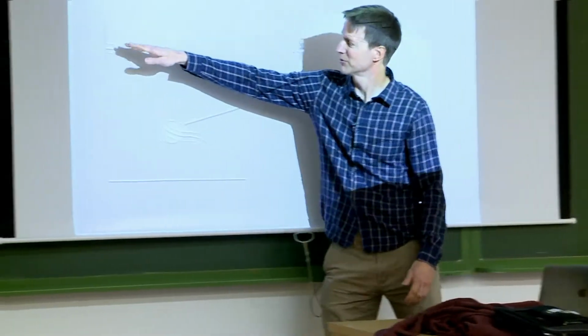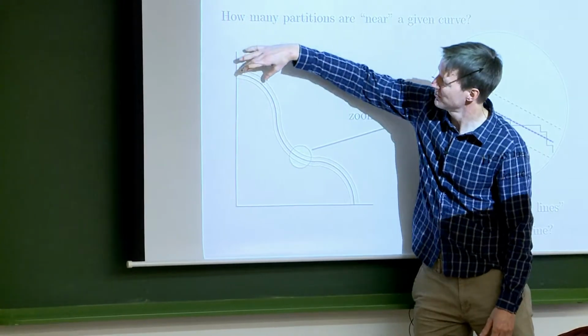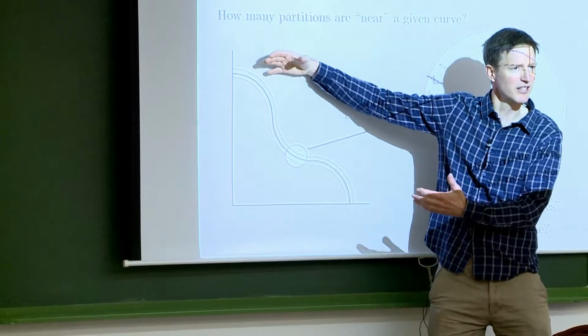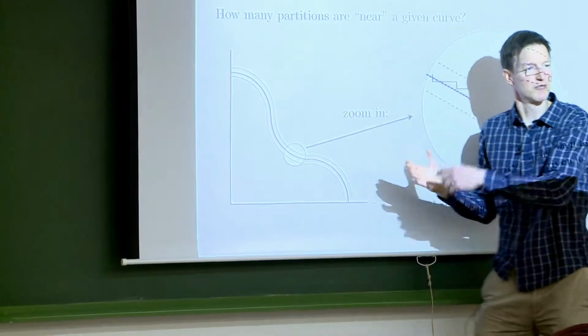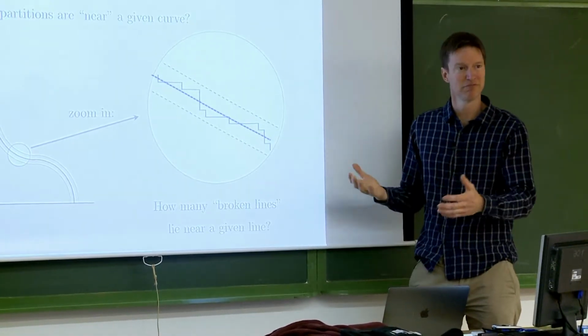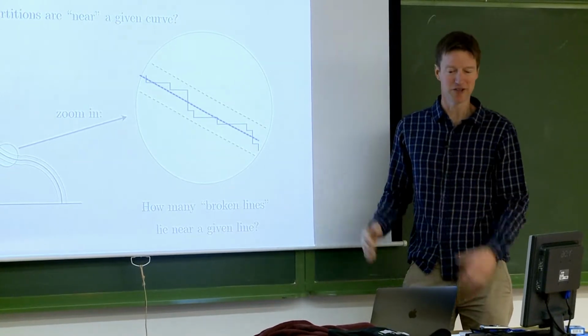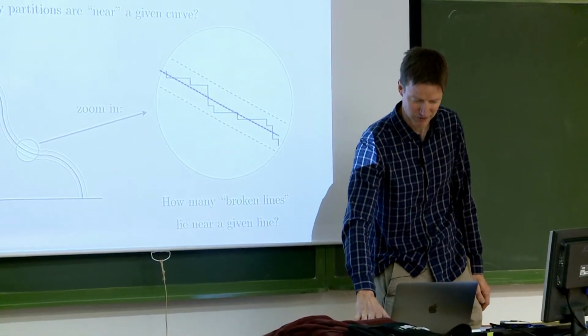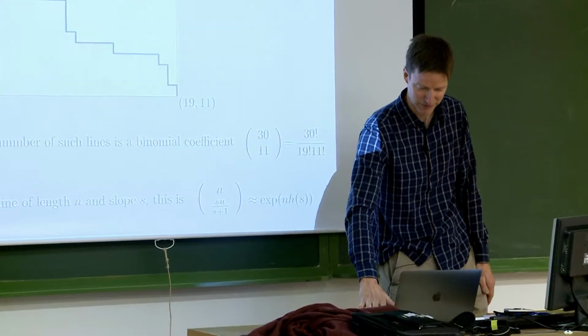Okay, so the conclusion is, if I want to count the number of partitions near this one, I can chop this up into small pieces where it's approximately linear, take the product of all the counts on each piece, and that is an approximation to the total number of partitions near that curve.